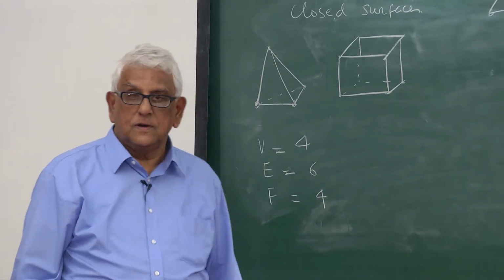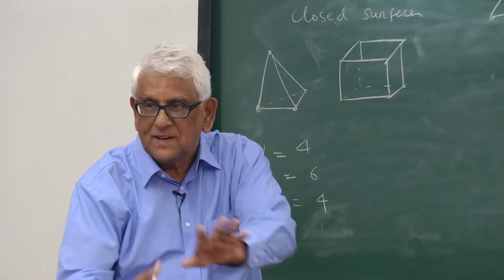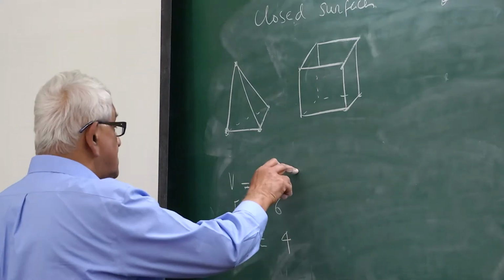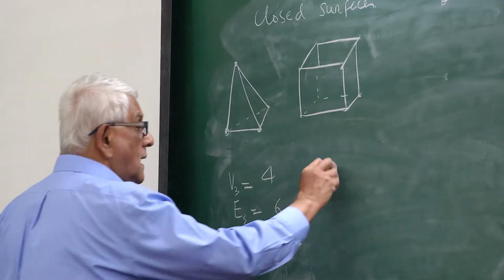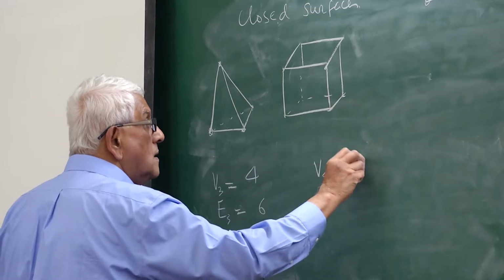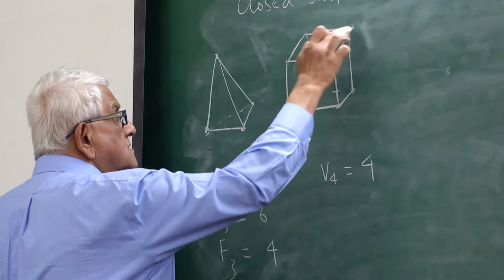Okay. So, it is much better to have a concrete model, then you can do it easily. This was for the triangular thing. Now for this one, the vertices are 1, 2, 3, 4 here, 1, 2, 3, 4, 5, 6, 7, 8.